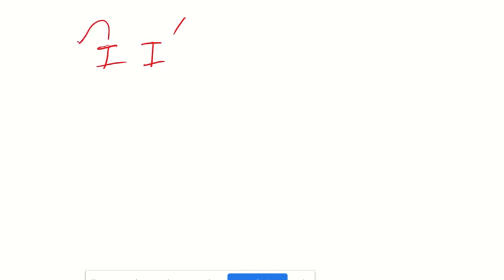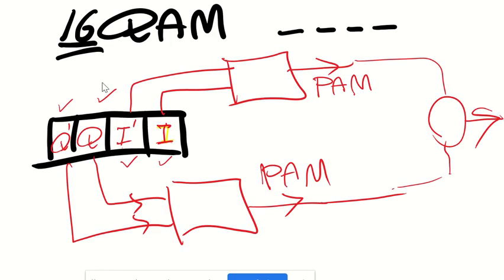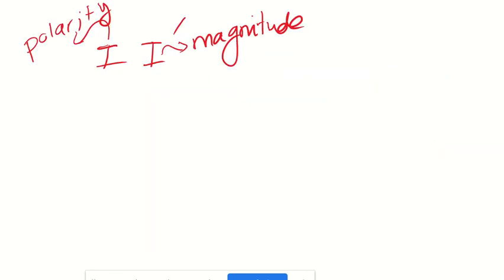I said one is polarity, that's what I said, right? And I said one is magnitude. And I'm sending them on this route to go with the cosine.